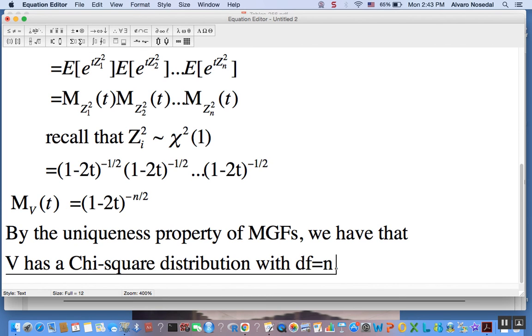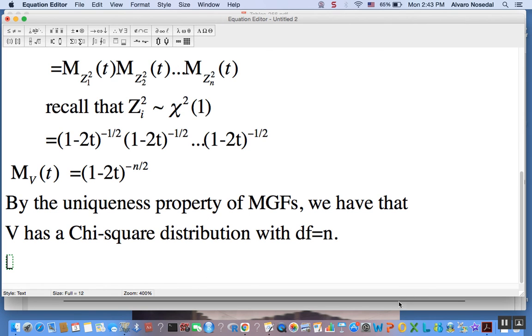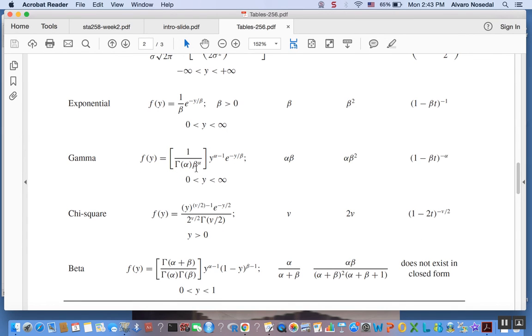Or in other words, if you take a look at the MGF of a gamma, you can see that the MGF that we are dealing with is the MGF of a gamma with parameters alpha equals n divided by 2 and beta equals 2, which is just equivalent.